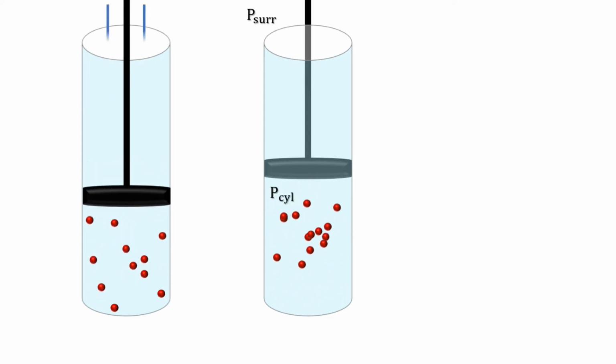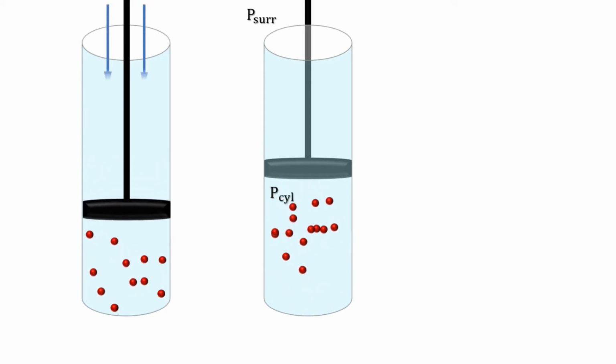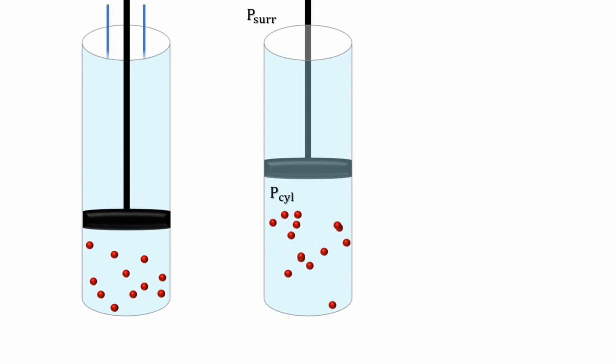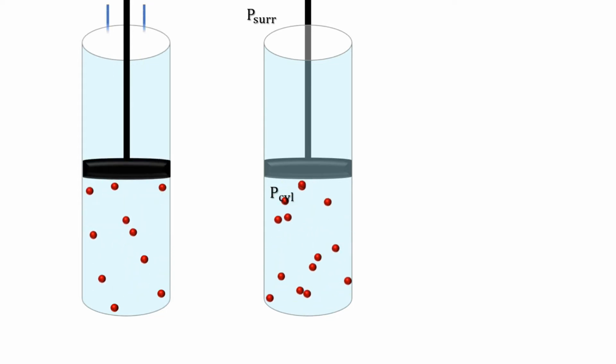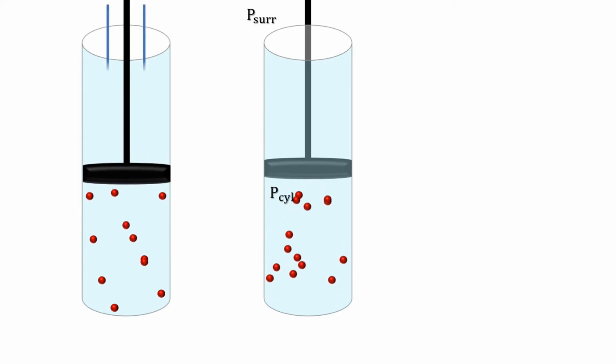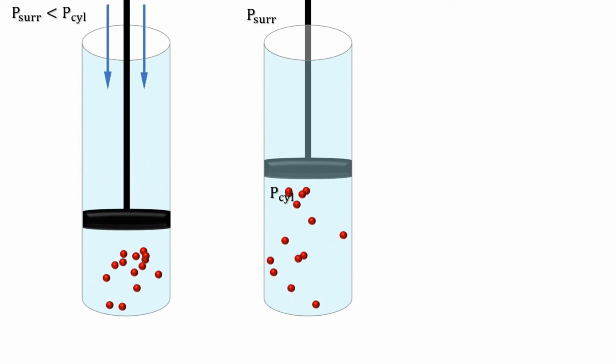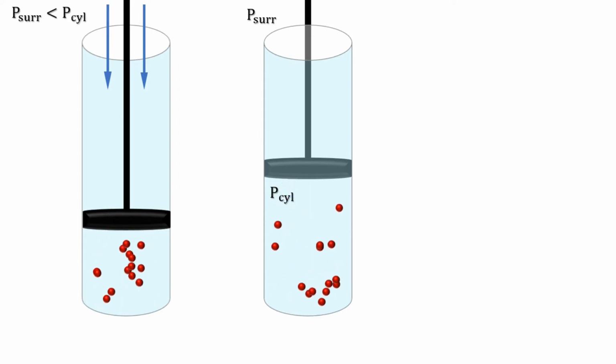By compression, you can see the piston is moved inward, and the gas molecules need to come closer to each other. By pushing it inside, the pressure inside the cylinder becomes greater than the surroundings, and gas particles have less space to move.